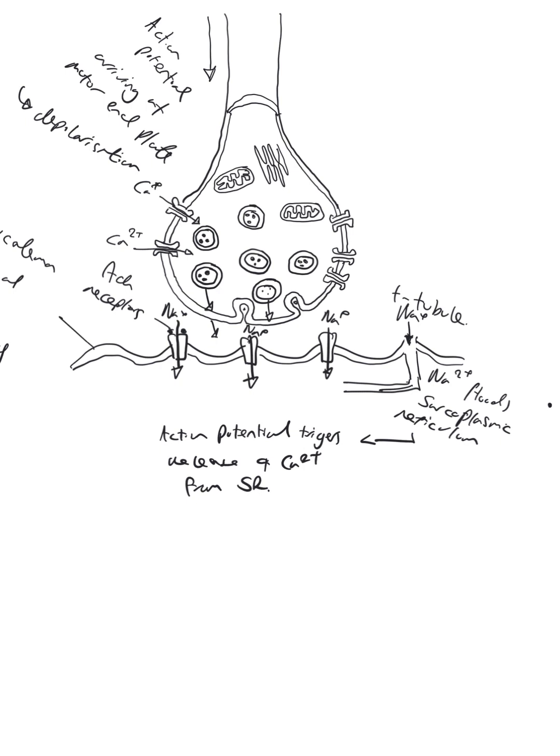When the action potential arrives and causes the depolarization of your motor end plate, we see the influx of the calcium ions, and those Ca2+ ions are going to activate your vesicles with your acetylcholine to move to the neuron's membrane, and then be released into the neuromuscular space of the neuromuscular junction.